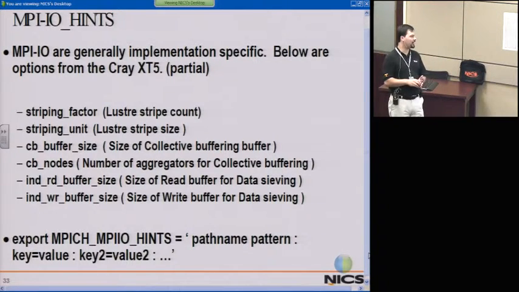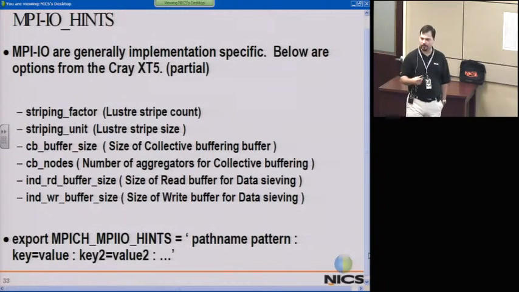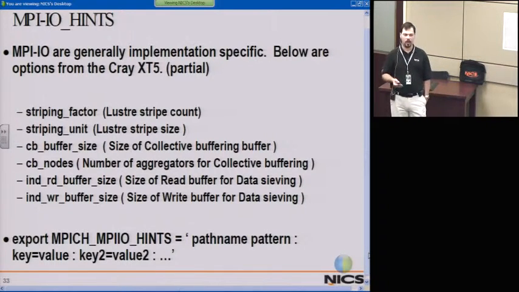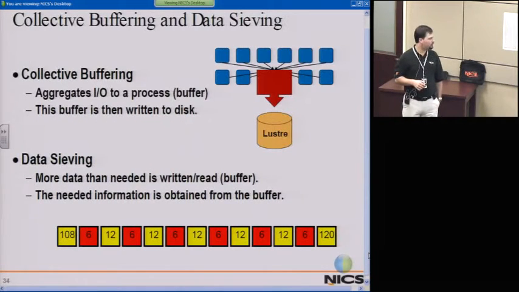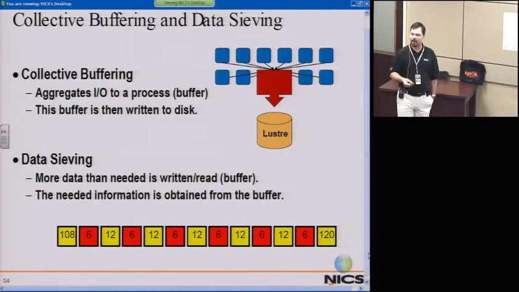So you can actually set collective buffering and data sieving. I'll go into a little bit more detail about collective I/O on the next slide. Collective buffering, when you're doing a collective operation, can aggregate your I/O into a buffer.